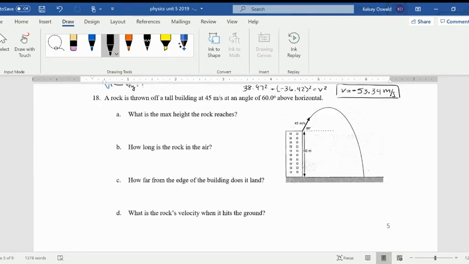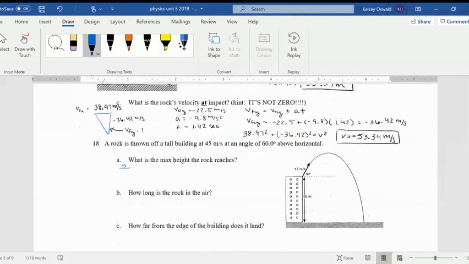Throwing a rock off a tall building at 45 meters per second at an angle of 60 degrees above the horizontal. So here, since we're looking at our max height, that's a vertical value. So we're going to want to look to see what we know in the y direction. Vertically, we know our acceleration is always negative 9.8 meters per second squared.